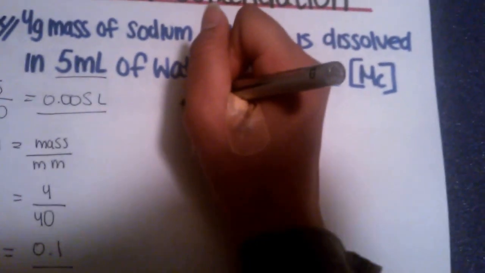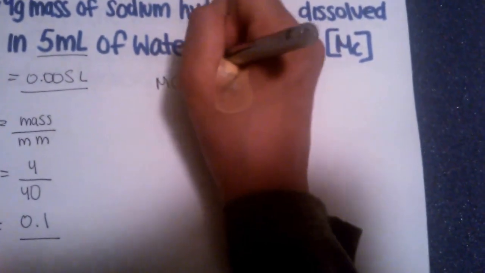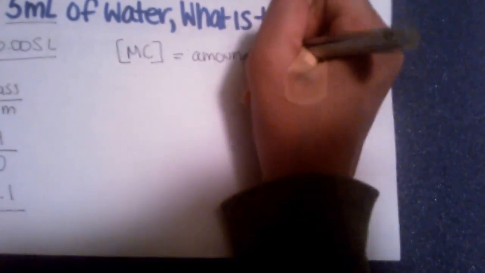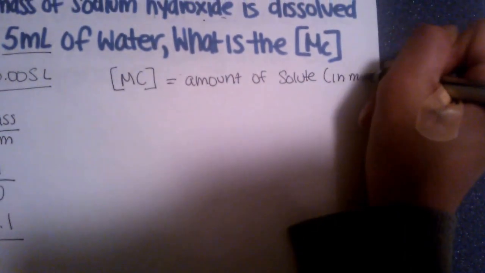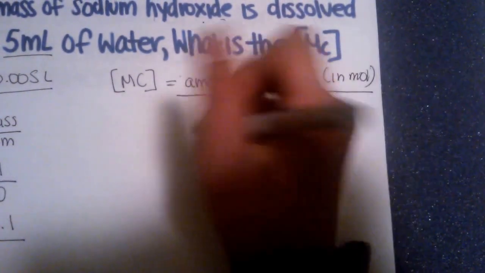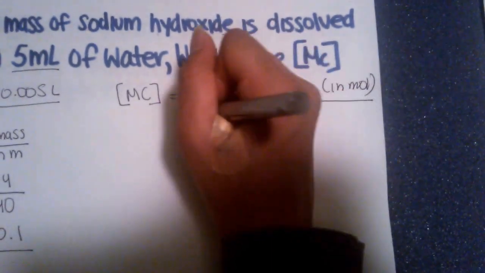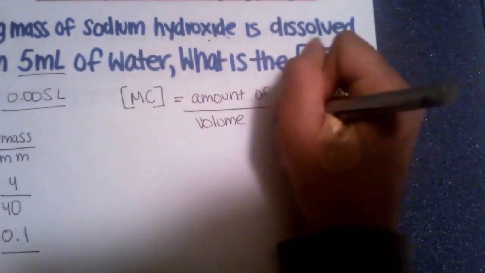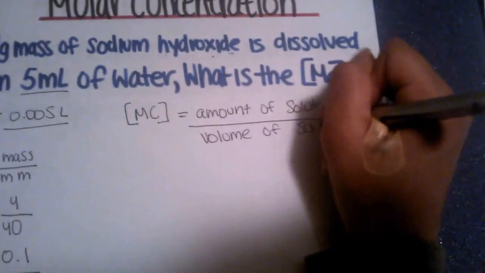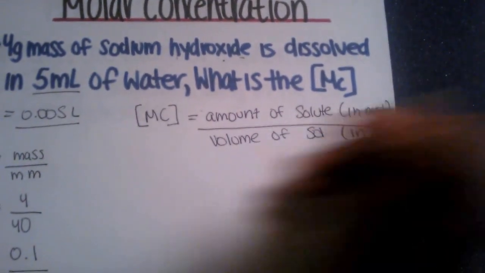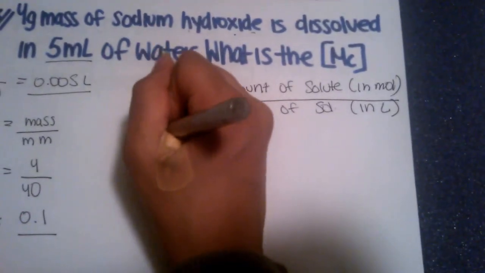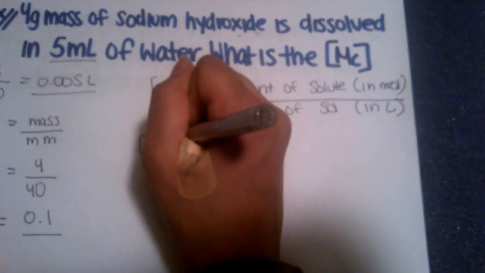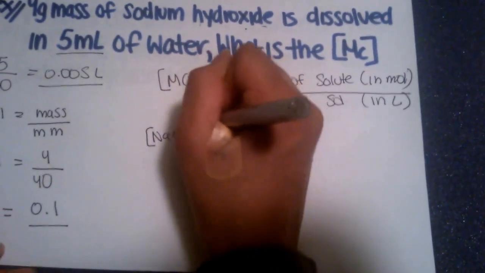So we just put it into our equation. And our equation, I'll just write it again for you guys, is MC, molar concentration, equals amount of solute in moles over the volume of the solution in liters. So molar concentration, we put in our formula, which is sodium hydroxide, NaOH.